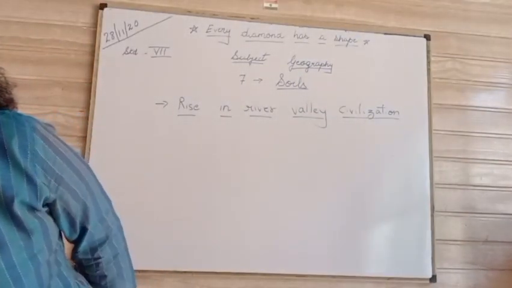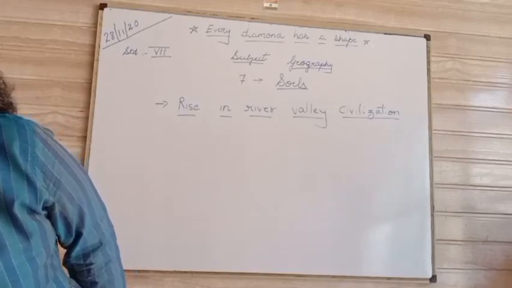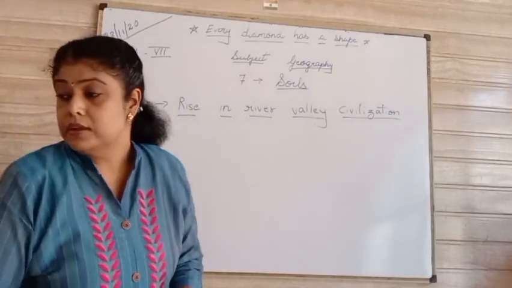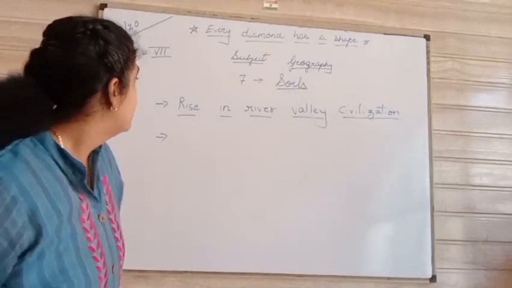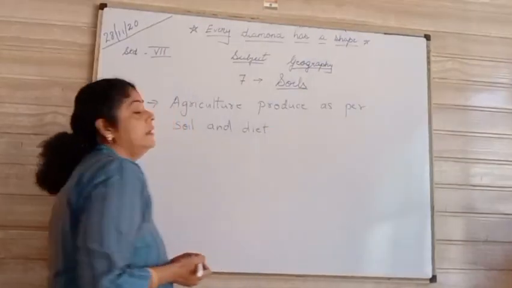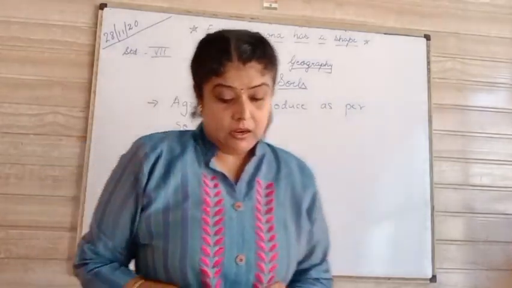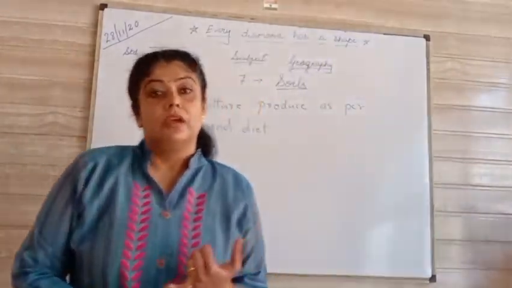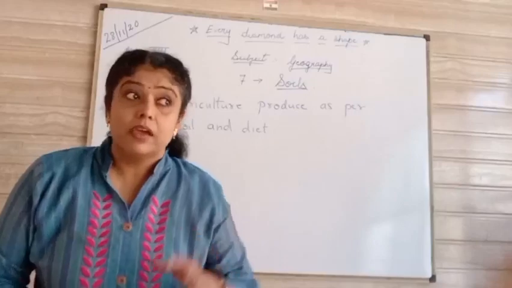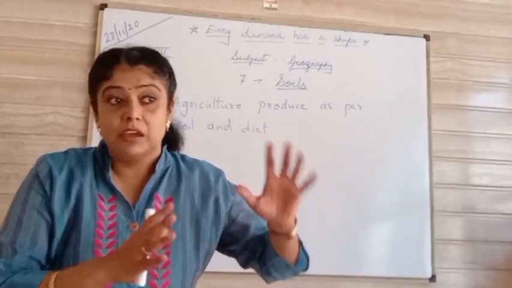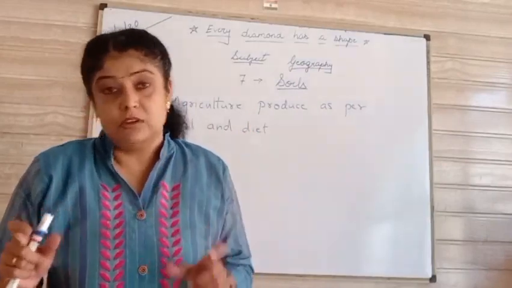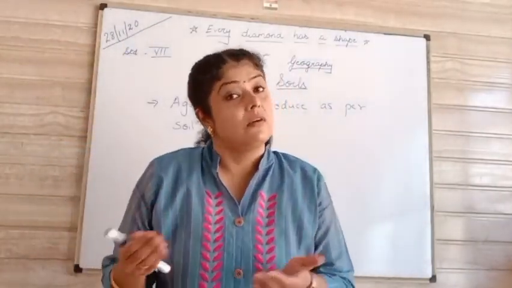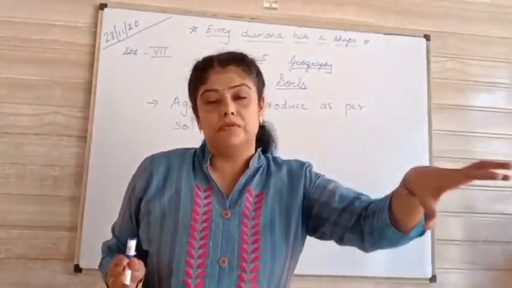Then we come to agriculture produced as per type of soil and diet. Different crops, flowers and fruits grow in a region, and their growth depends upon the soil of that particular region.